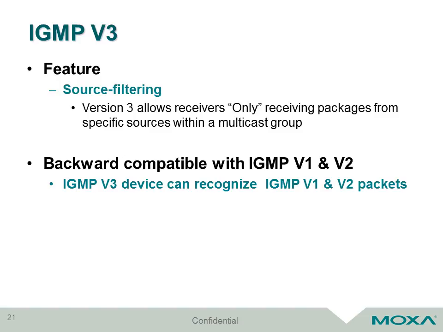So IGMP V3 is required to support source-specific multicast. Moreover, IGMP V3 is compatible with IGMP V1 and V2, which means an IGMP V3 device can recognize IGMP V1 and V2 packets.